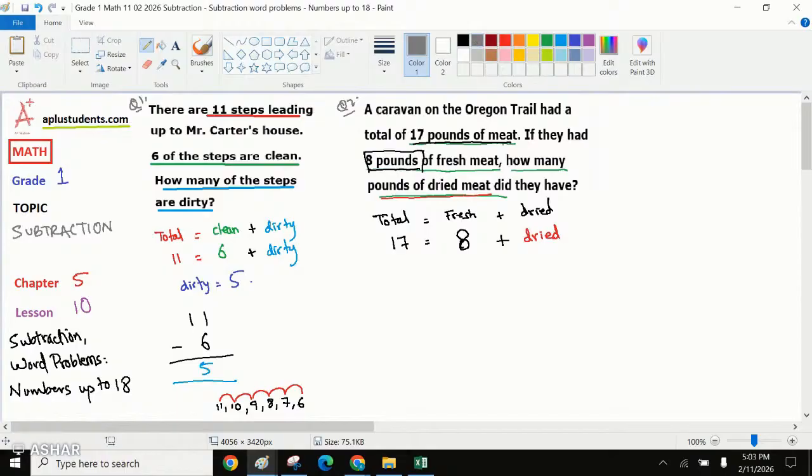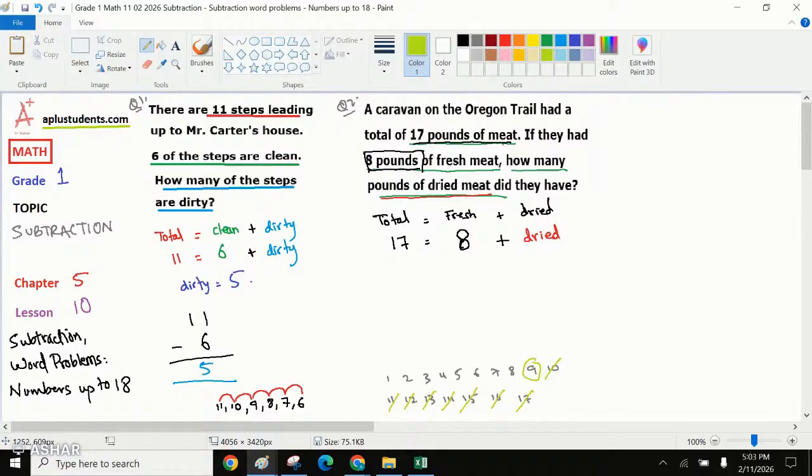And the best way to do it is by counting the numbers. If we write the numbers 1, 2, 3, 4, 5, 6, 7, 8, 9, 10, 11, 12, 13, 14, 15, 16, and 17. Let's try to remove 8 numbers. 1, 2, 3, 4, 5, 6, 7, 8.